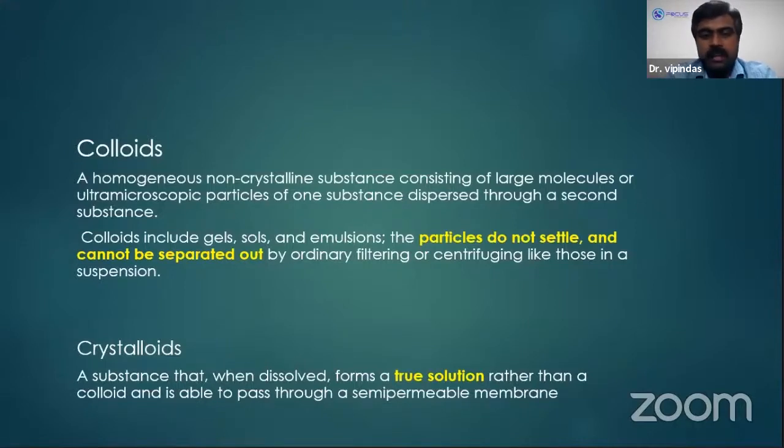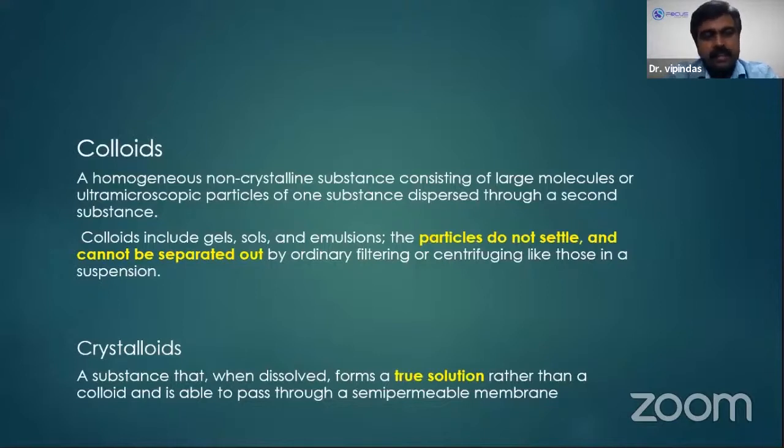And what about the crystalloids? These are substances which, when dissolved, form a true solution rather than a colloid and are able to pass through a semi-permeable membrane. That is the difference between colloids and crystalloids. Colloids are gels, salts, and emulsions, whose particles do not settle and cannot be separated out.